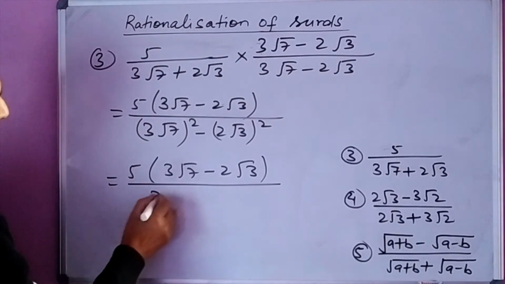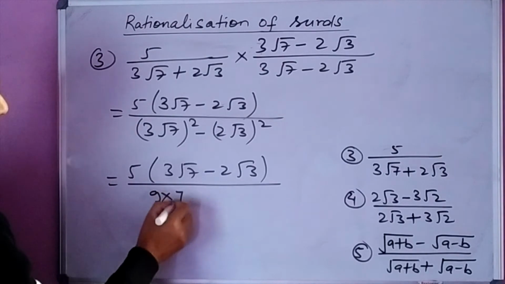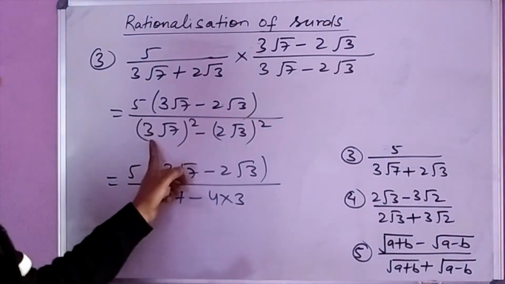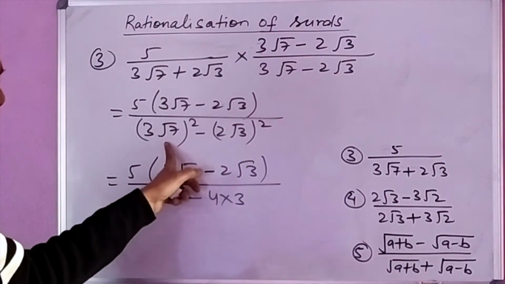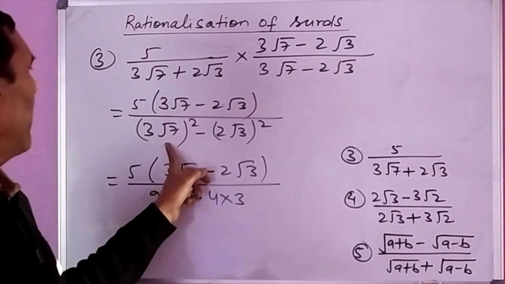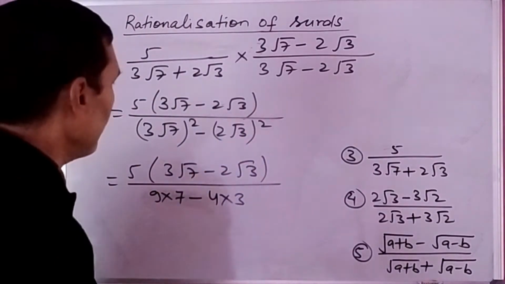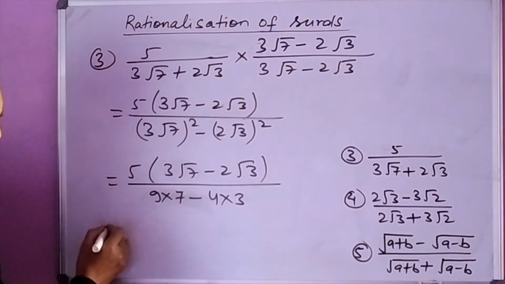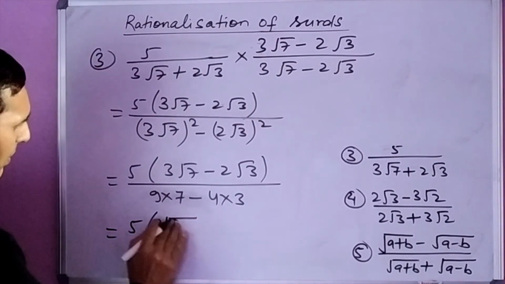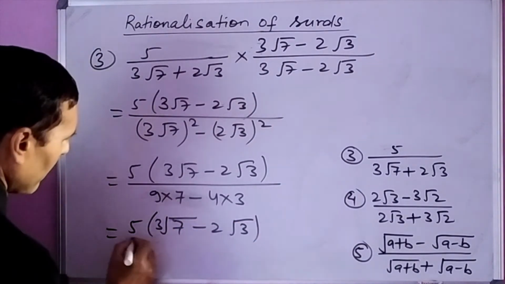Denominator, it is 3 into 3, square of 3, it is 9. 9 into 7 minus 4 into 3. Because this is square of 3 as well as square of root 7. Square of 3, it is 9. Square of root 7, it is 7. So similarly, this also 4 into 3. It is as it is 3 square root of 7 minus 2 square root of 3.